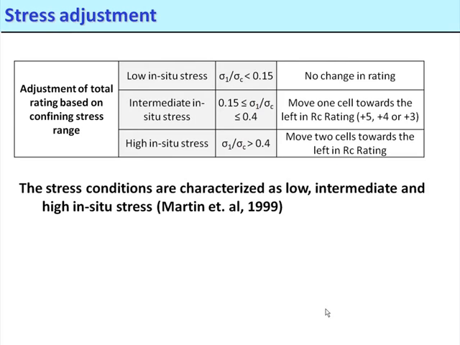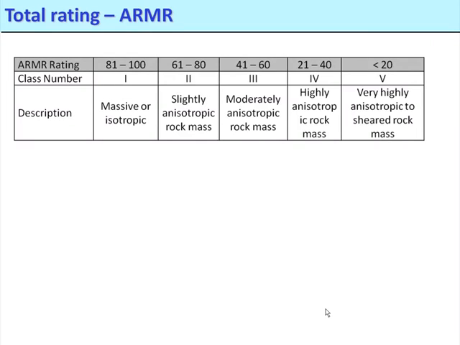When we have intermediate in situ stress, we move one cell towards the left in the classification of the compressive anisotropy index. When we have a high in situ stress, which is practically when the ratio of sigma 1 over sigma c is larger than 0.4, we move two cells towards the left in the rating of the compressive index. This is in order to take into account the stress effect.